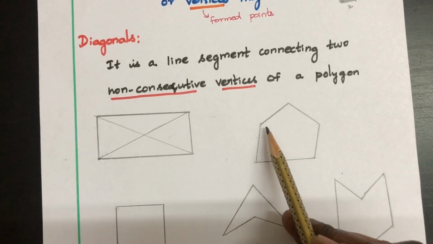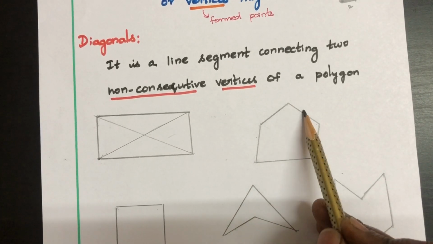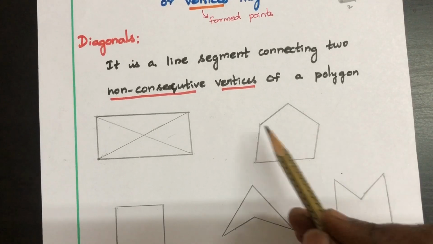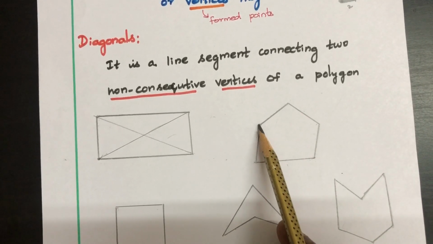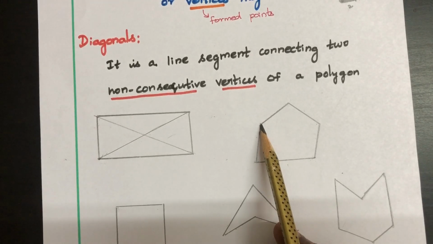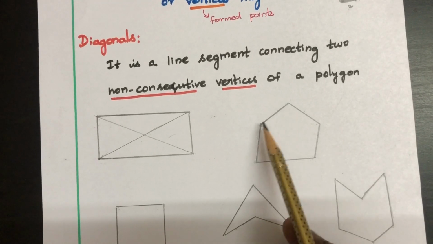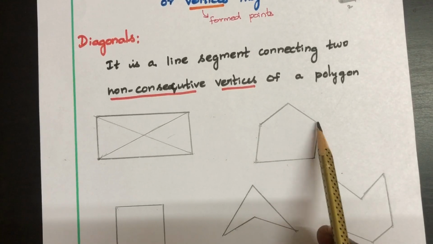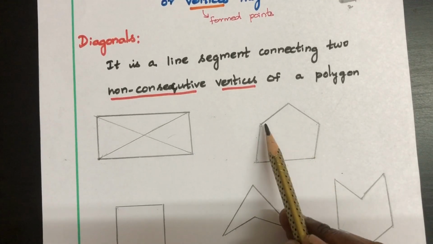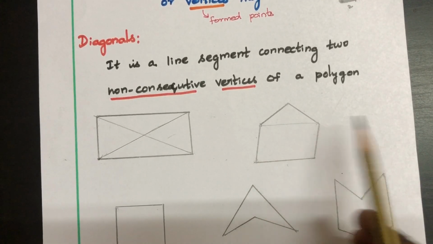Now come here. This is a pentagon. How many sides? 1, 2, 3, 4, 5. What are the non-consecutive vertices for this vertex? Next means consecutive, and those are this and this. Non-consecutive are this and this. So from here it will go like this, right?